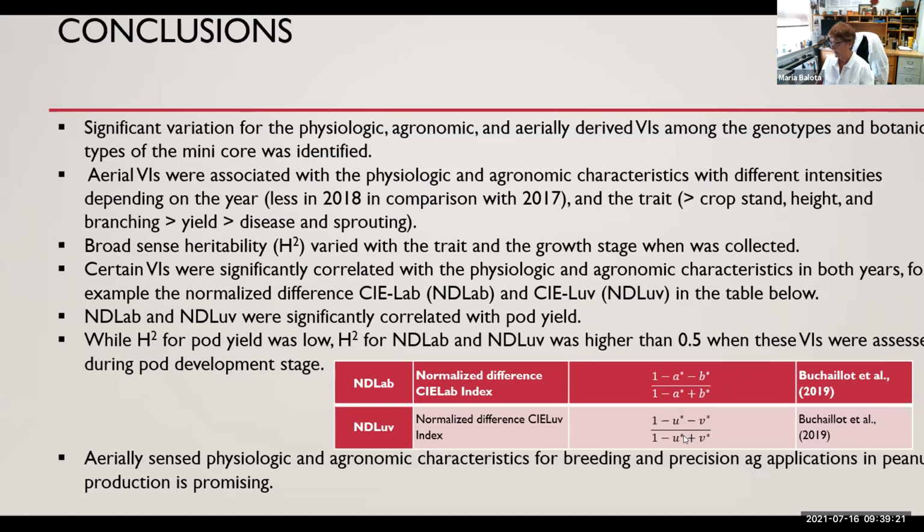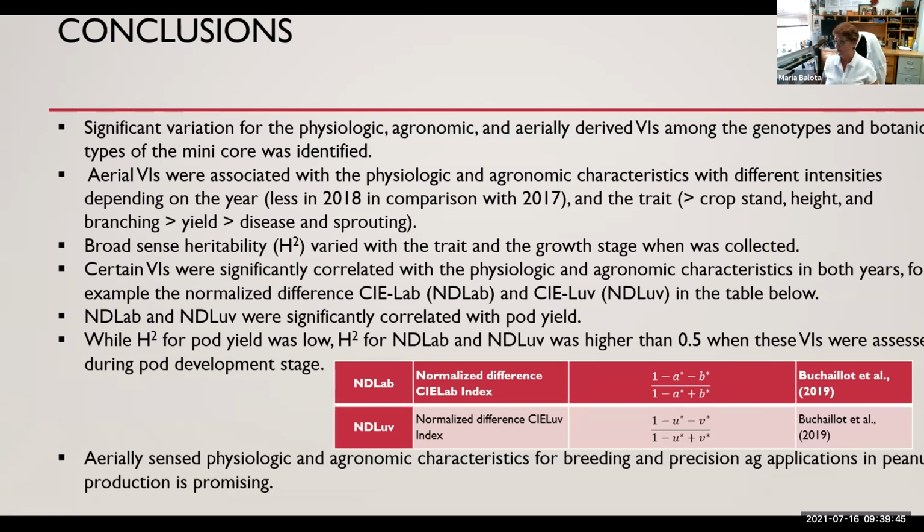A's, B's, and U's and V's are nothing else but how the image, like when you're looking at the screen of a TV, changes its general color: A and U from green to red, and B and V to blue and yellow.